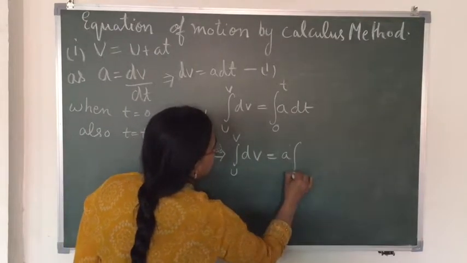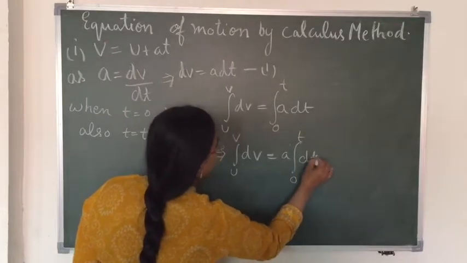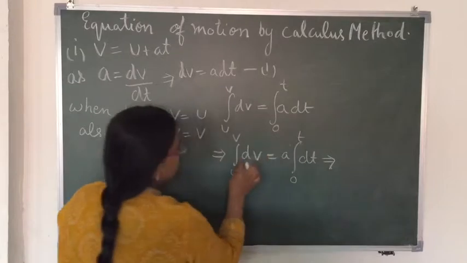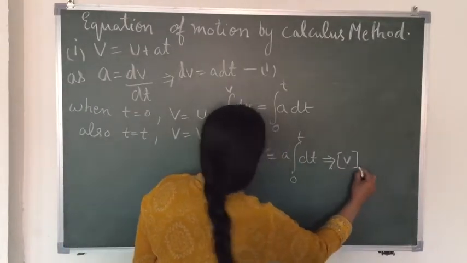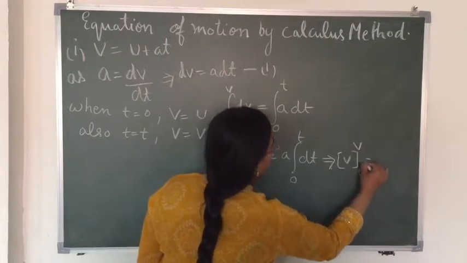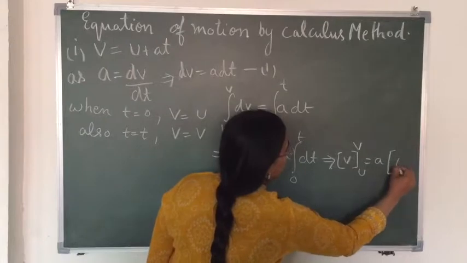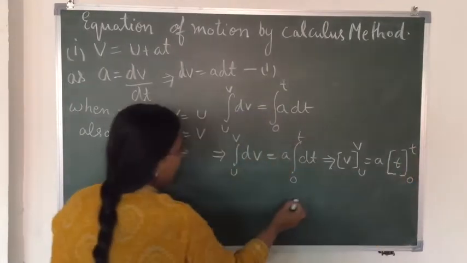a is constant, take it out, and we remain with dt. Now integrate. Integration of dv is v within the limits u and v. Integration of dt is t within the limits 0 to t.